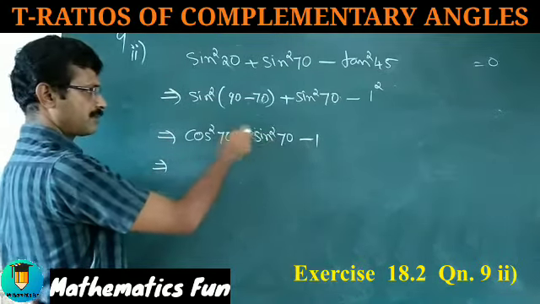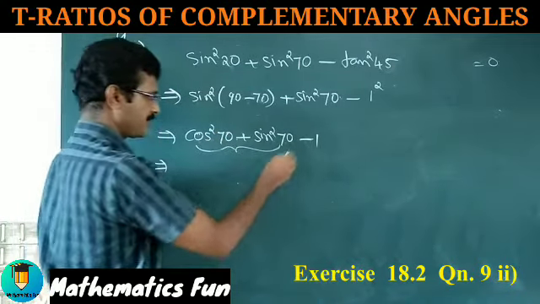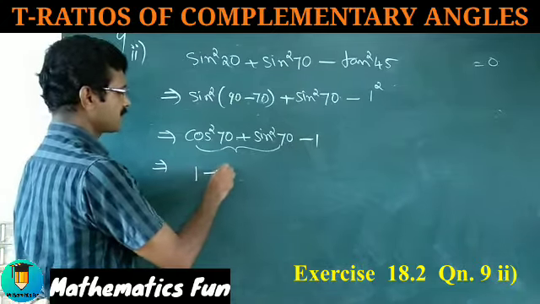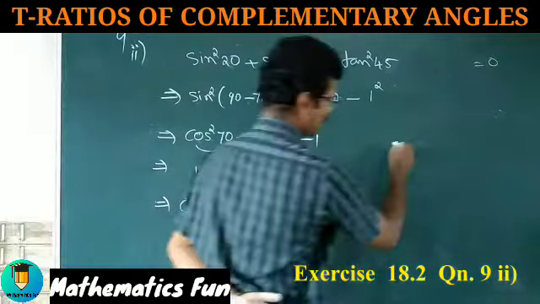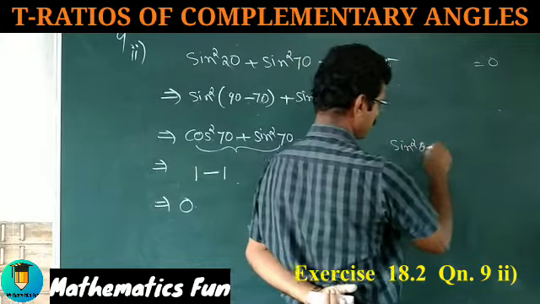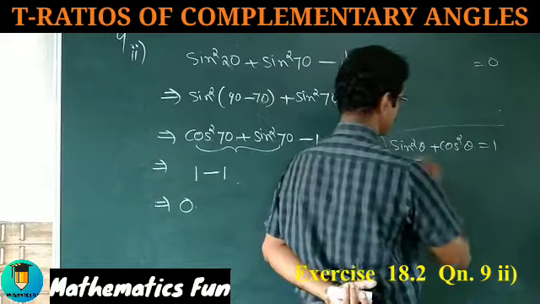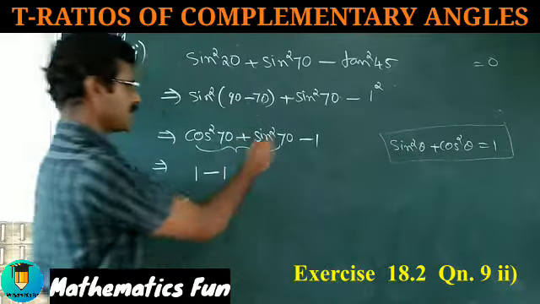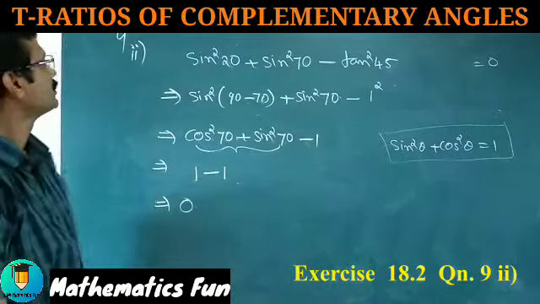So if I apply sin square theta plus cos square theta equal to 1, this part I can replace with 1, so 1 minus 1, ultimately it is 0. I used that identity here.